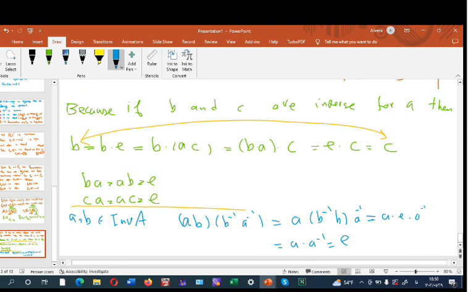So this must be the inverse of this element: b inverse a inverse must be the inverse of ab. We know that the inverse of elements are unique. We proved this, okay?